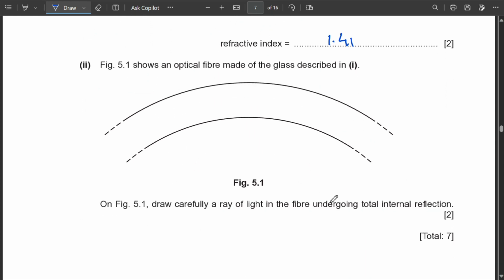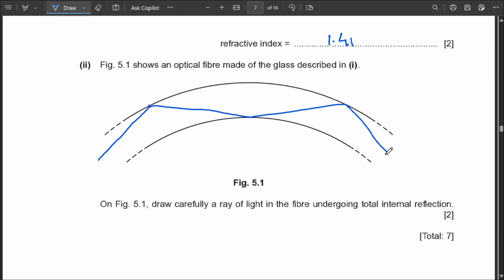Figure 5.1 shows an optical fiber made up of glass described in one. Now, on figure 5.1, draw carefully a ray of light in the fiber undergoing total internal reflection. First of all, the diagram will be like this. You can make it go like this, and this.